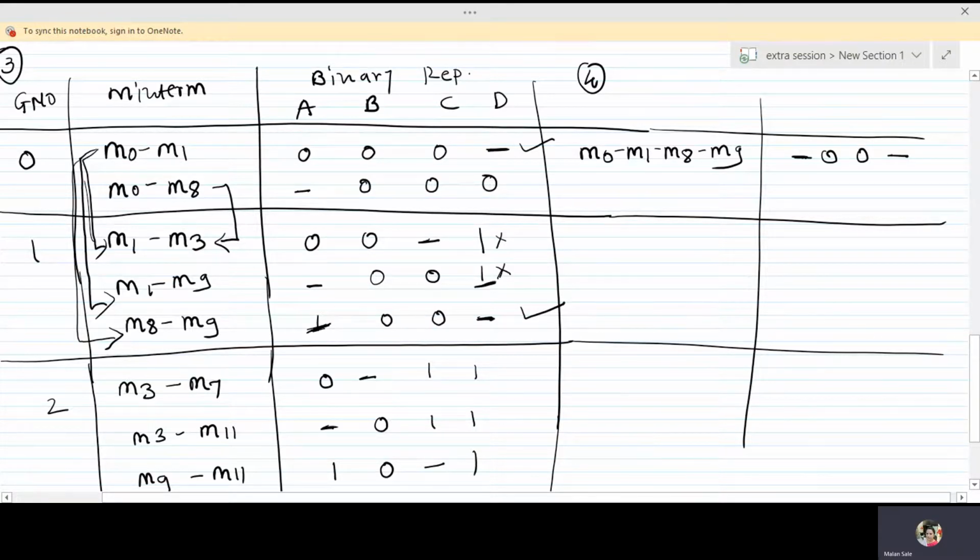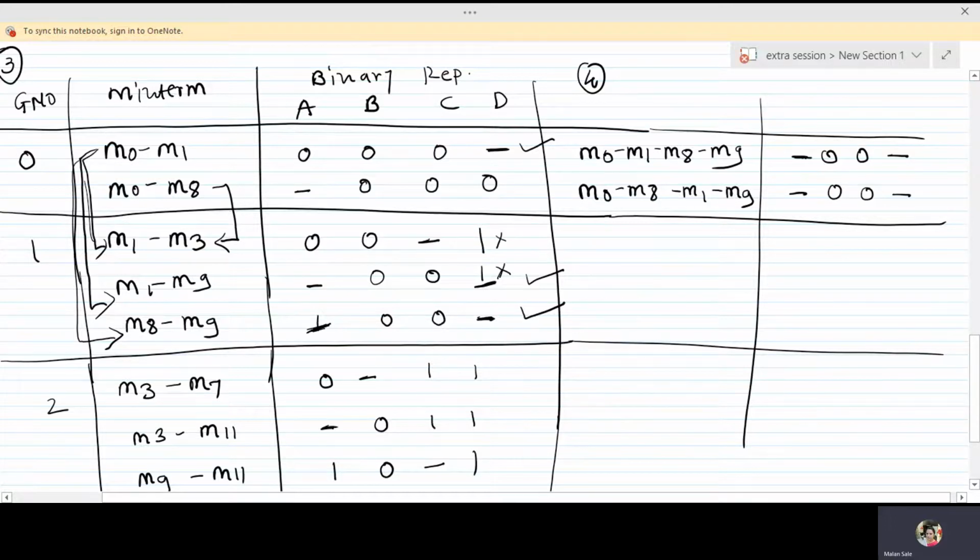Now only one bit is changing, which means M0, M8 and M1, M9 make a pair. We can make a pair and replace the changing bit with a dash. As M1, M9 is in the pair, I am putting a tick mark.